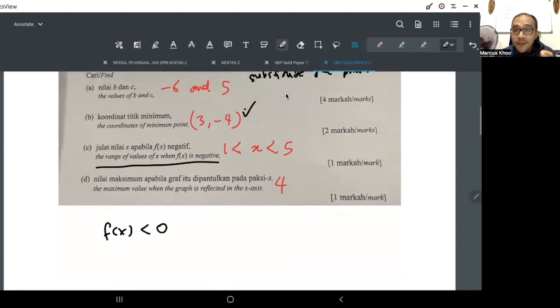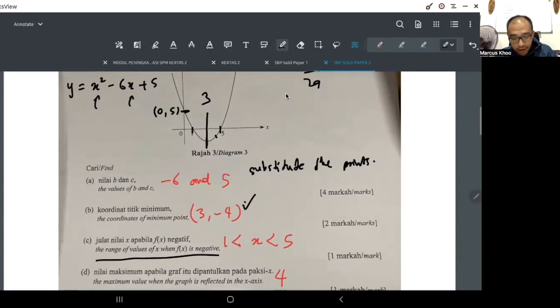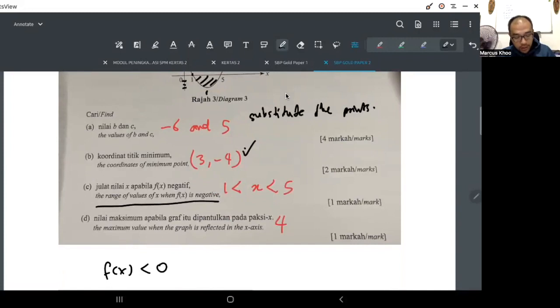But actually, the graph has already shown you that this part is negative. All the values of f(x) are negative at this region. So the range of values of x will be 1 to 5. Anything between 1 and 5 is where f(x) is negative.